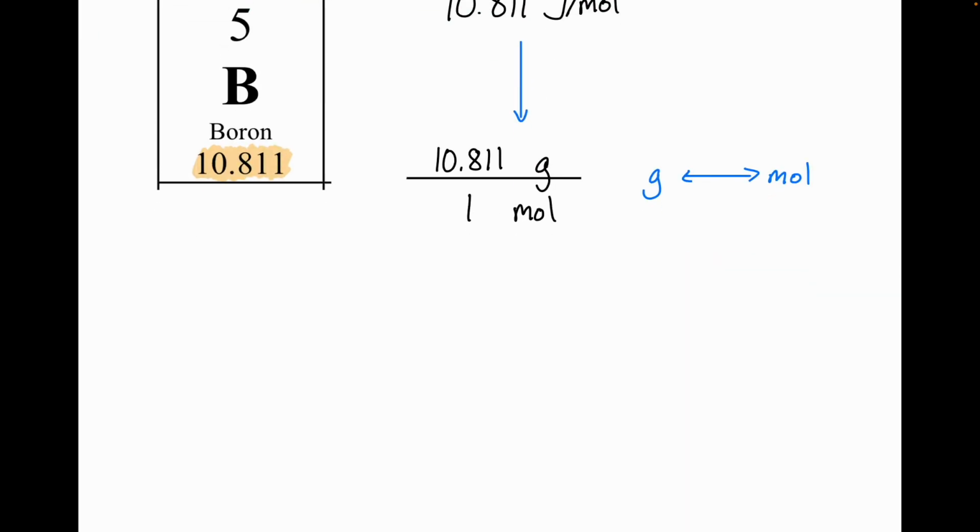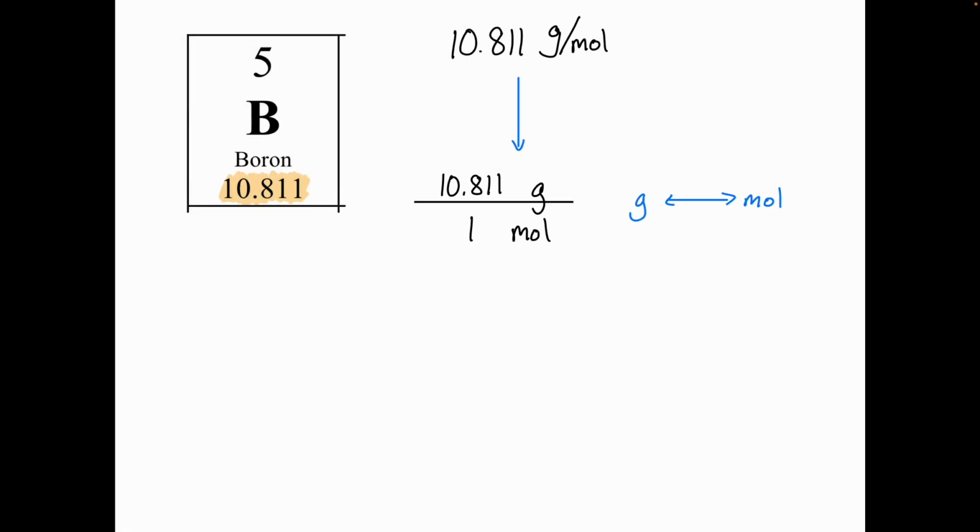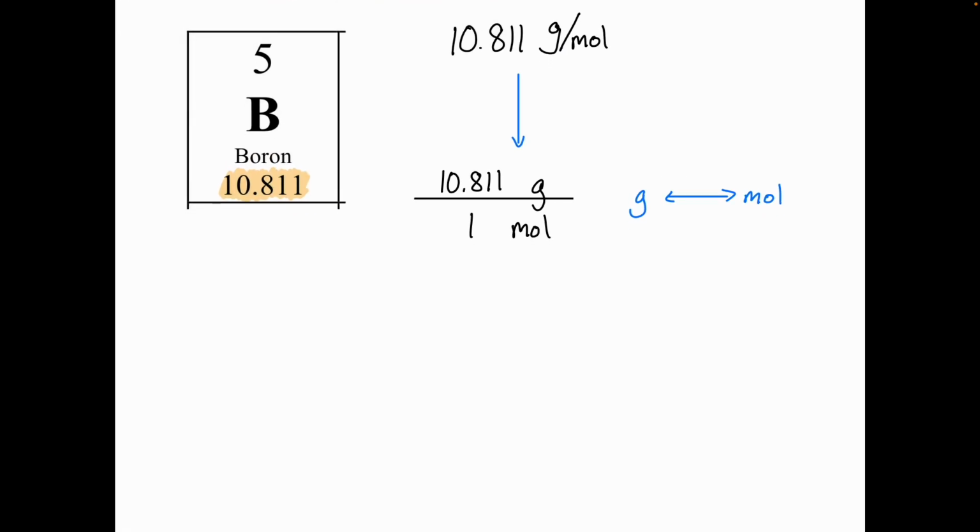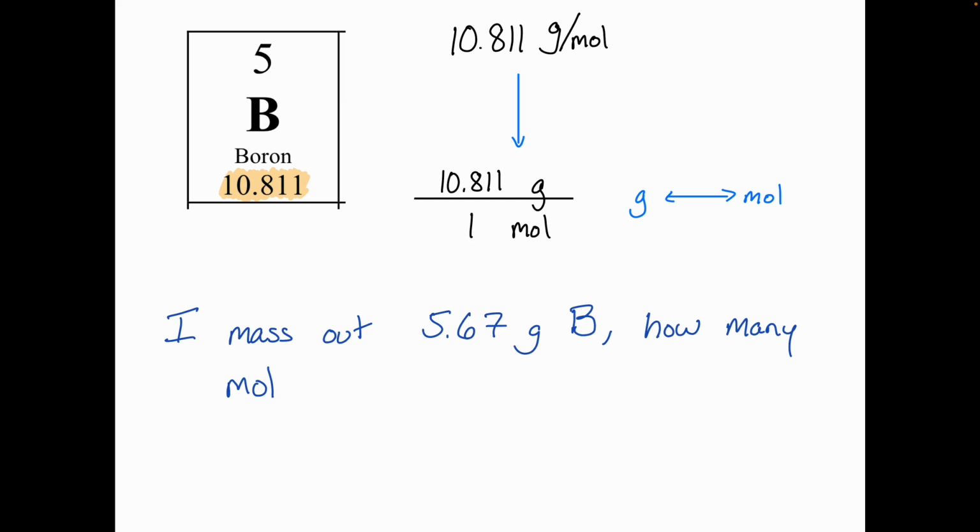Okay, cool. So I'm going to go to the balance, and I mass out 5.67 grams of boron. How many moles do I have? Again, using that molar mass as a conversion factor, we need to convert from grams to moles.